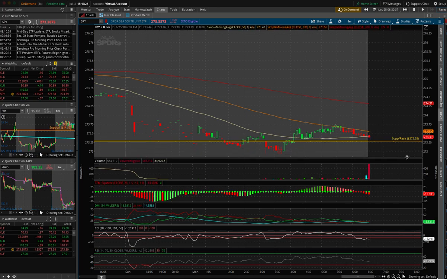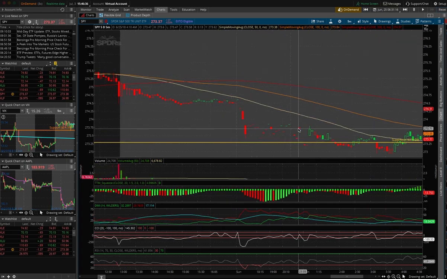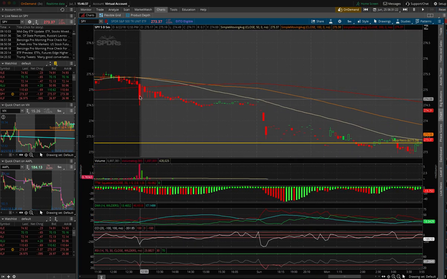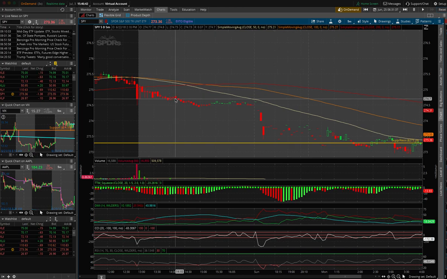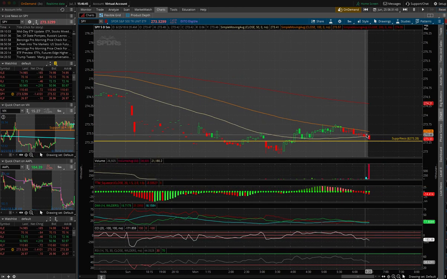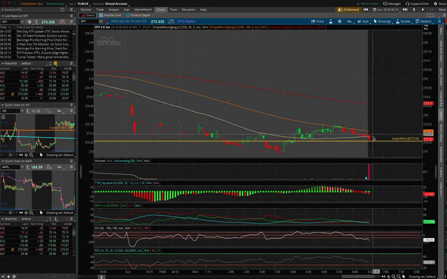Okay. So the day starts off and we already gapped down. If you could see from the pre-market, we closed here at 274.71 and we opened here at 273.43. So we gapped down almost $1. Okay.